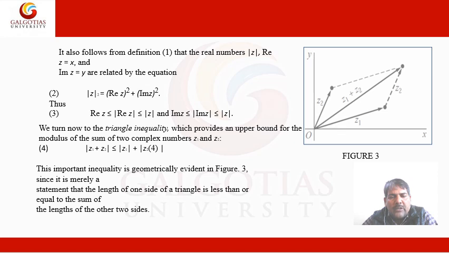This important inequality is graphically evident in figure 3, since it is merely a statement that the length of one side of a triangle is less than or equal to the sum of the lengths of the other two sides, which is shown here in the figure.